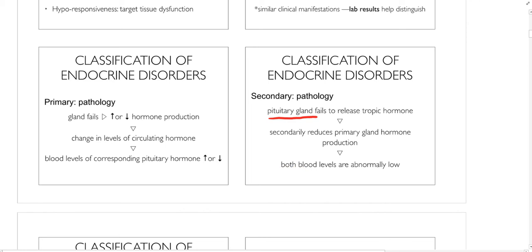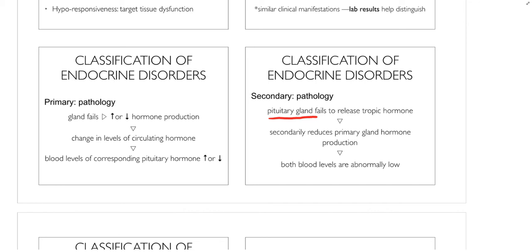Both become abnormally low because of the end gland that we want to have stimulated. For example, let's say secondary hypothyroidism.